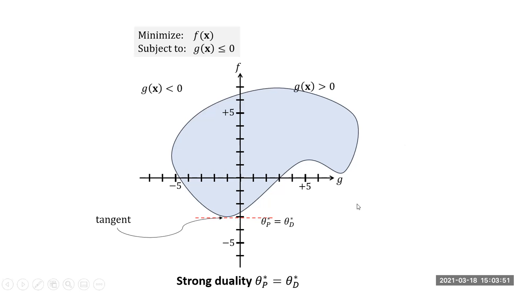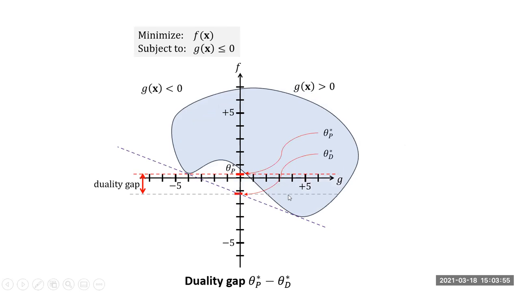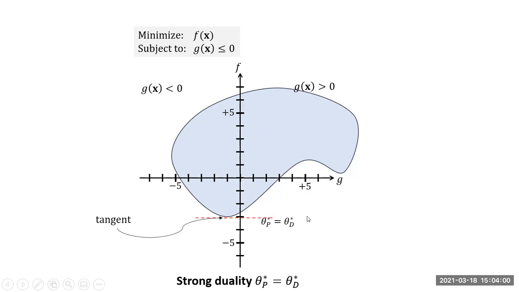The horizontal line would have been tangent somewhere here, in the infeasible region. Here, the horizontal line is tangent in the feasible region. Theta p star equals theta d star. For this situation, strong duality holds.